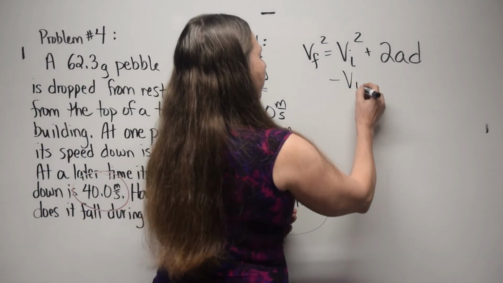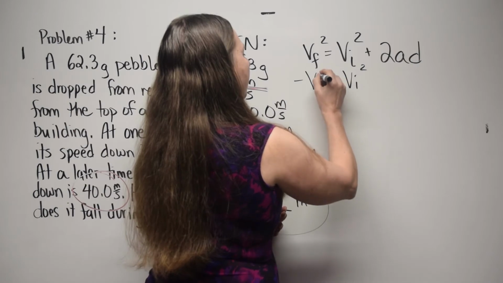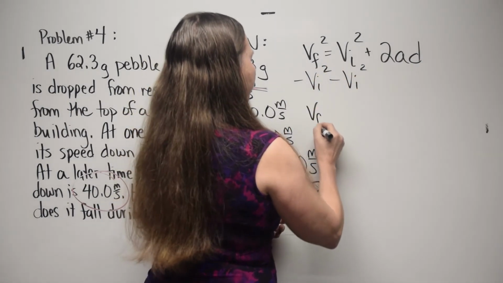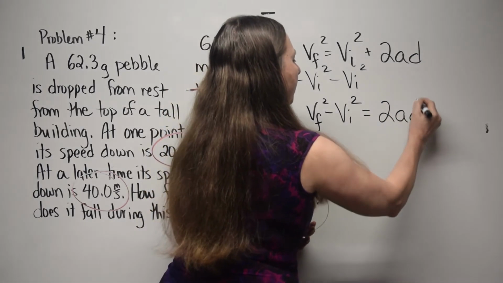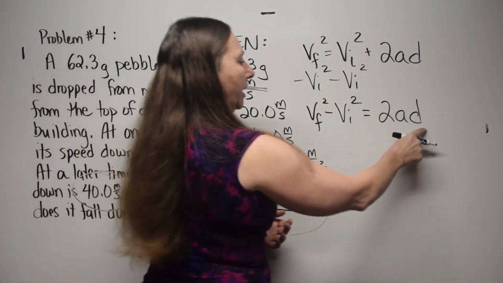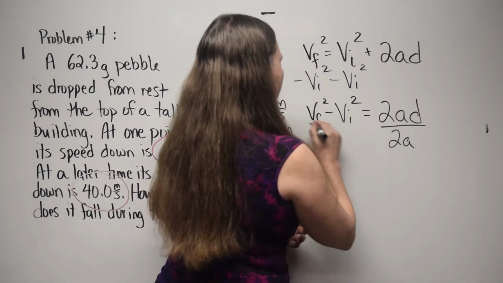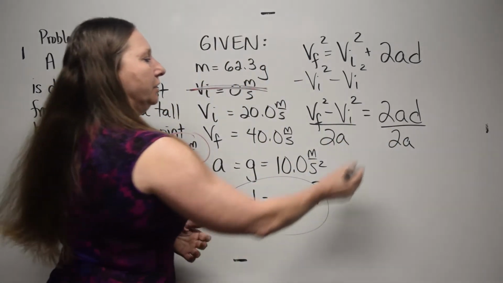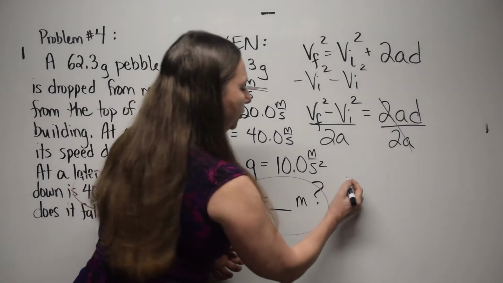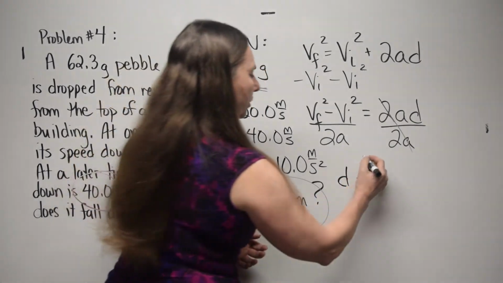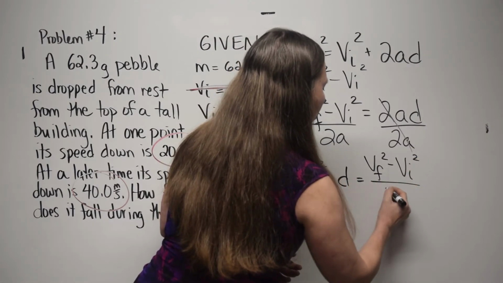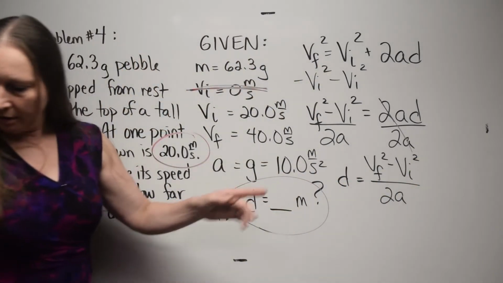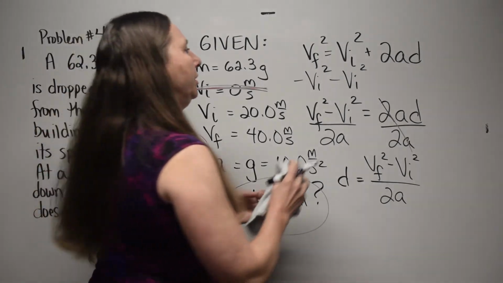Let's subtract V initial squared from both sides: V final squared minus V initial squared equals 2AD. Trying to get D by itself, get rid of the 2A. Divide both sides there, that cancels. The equation we will be using: D equals V final squared minus V initial squared all over 2A.